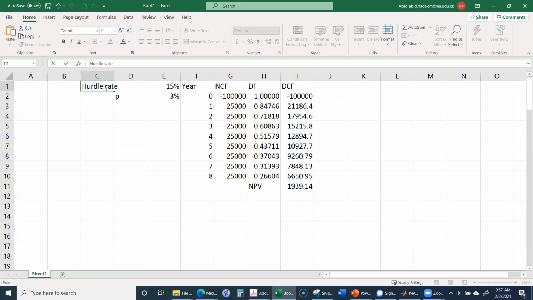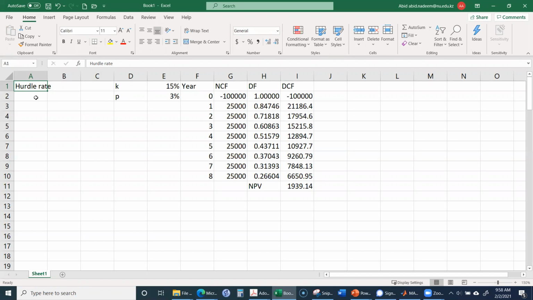Hurdle rate. It is the interest rate at which you evaluate your project. This interest rate can be considered for many reasons. One of the reasons may be that for the starting of the project, you may take a loan from the bank.